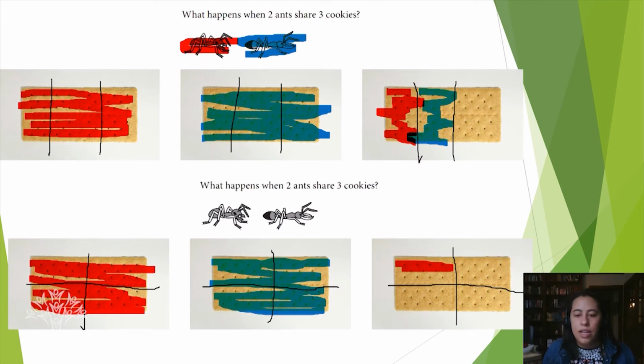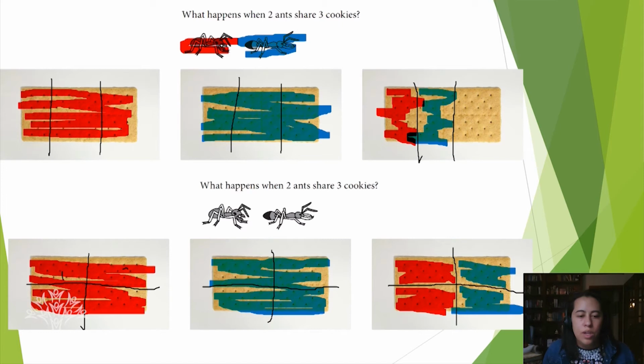So I can give 1/4 to one ant, 1/4 to another, and then I still have 2 more, so I can split this last cracker equally, and each of the ants will get, let's see, 1, 2, 3, 4, 5, 6. Each ant will get 6/4, doing it that way. So you can share them by breaking them into fourths.